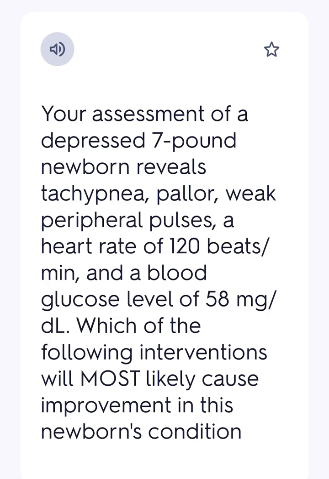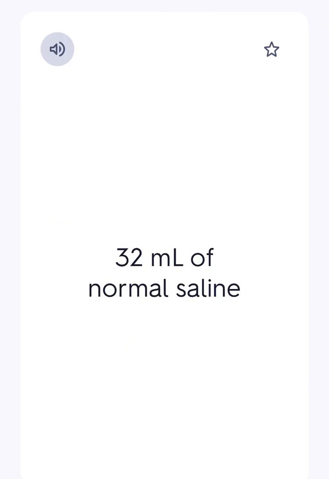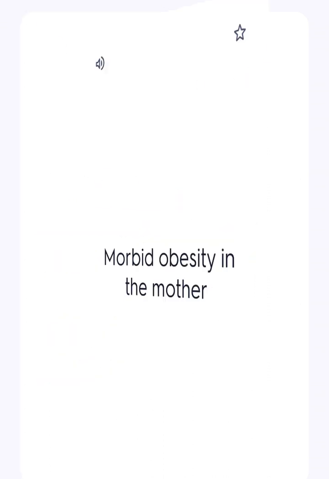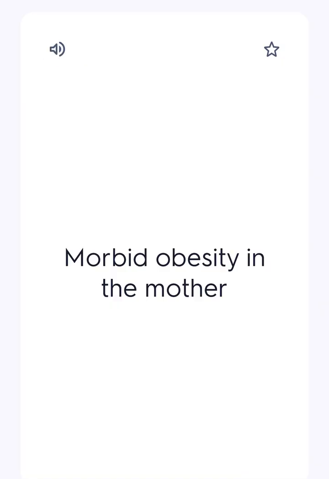Which of the following interventions will most likely cause improvement in this newborn's condition? 32 milliliters of normal saline. Which of the following factors is associated with the highest risk of newborn hypoglycemia? Morbid obesity in the mother.